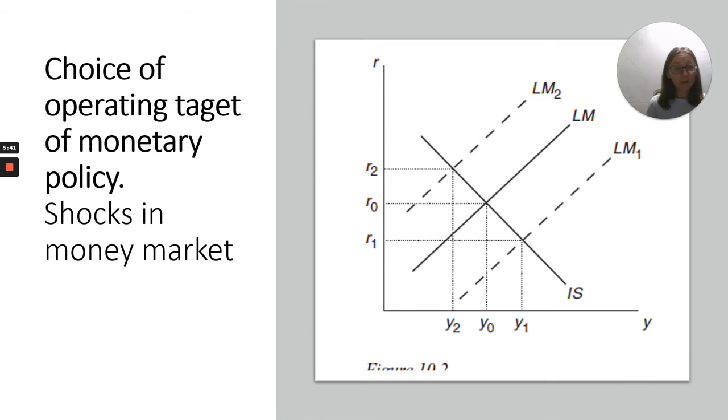The second situation is when we have a shock in the money market. Let's assume it's growth of prices. Now suddenly the price level in the economy increases. As the price level increases, the demand for money grows as well, as people now need more cash in order to pay for everything they want to buy.